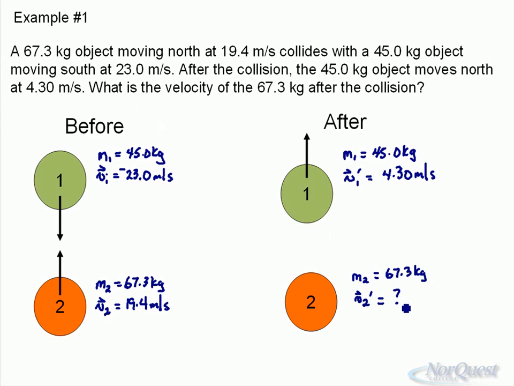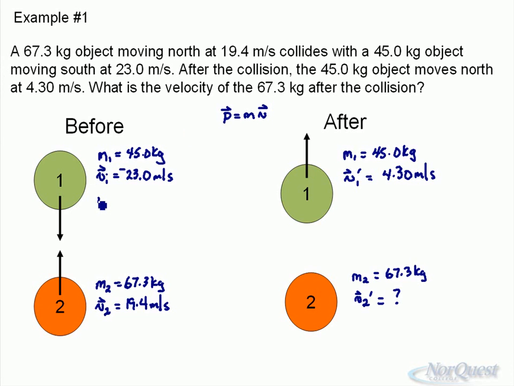The other thing that we're looking for here is to conserve momentum. Well, we know based on the formula that momentum equals mass times velocity. So we can deal with the momentum of object 1 before, object 2 before, and object 1 after right now. It's all the same calculation.